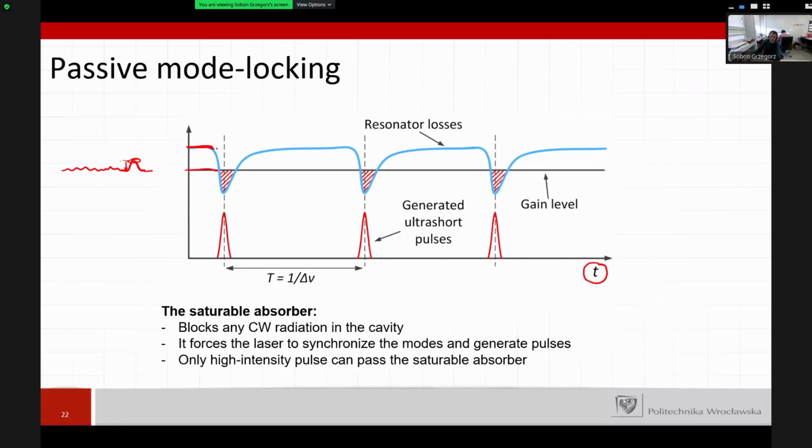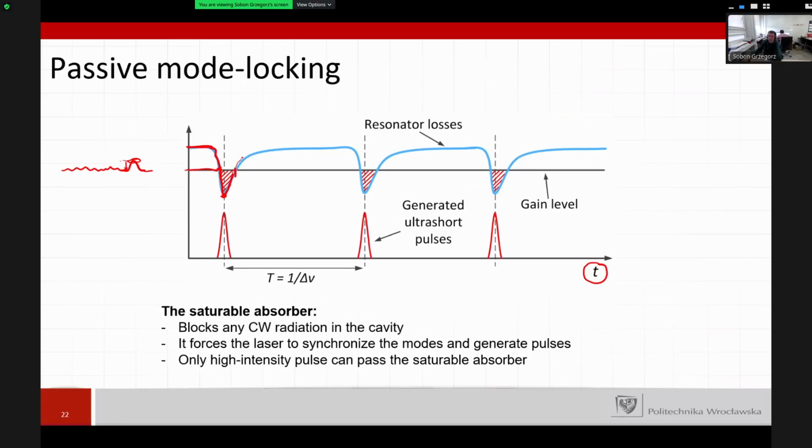So at some point, when we have this pulse created in the laser, the pulse will saturate the saturable absorber, so it will pass through it. So the losses of the saturable absorber will suddenly drop, and the losses of the entire cavity will have a minimum here. So we will emit a pulse, because in this region, the losses are overcompensated by the gain.